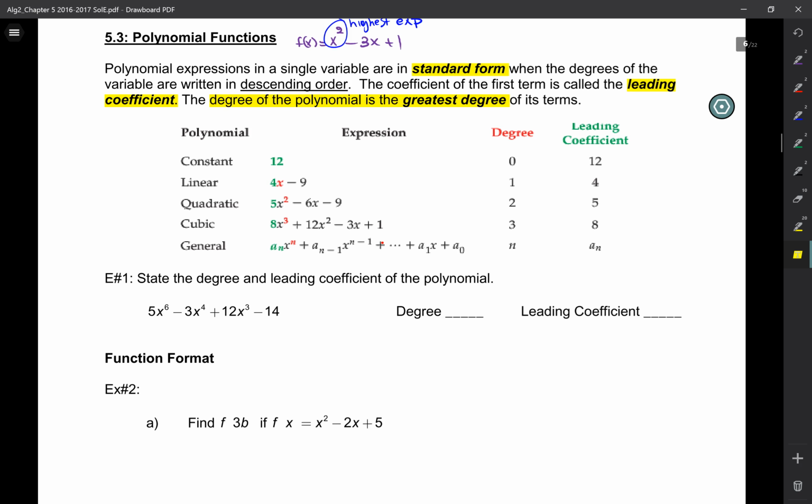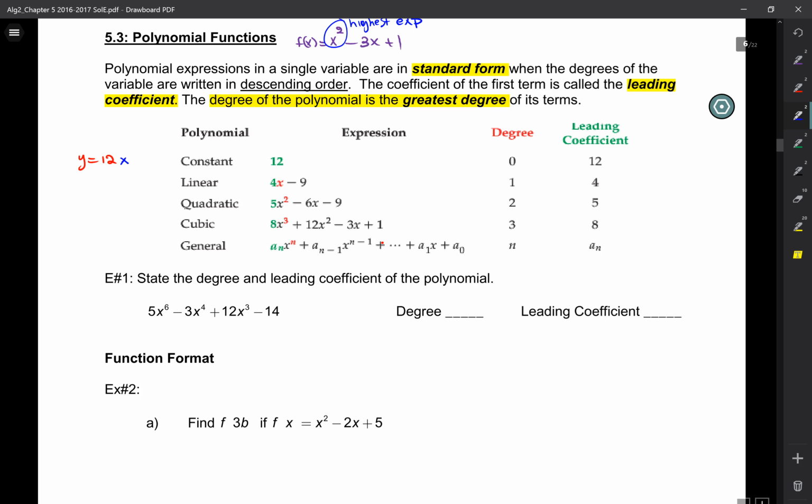All right, so let's talk about some different types of polynomials. When I have a function that looks like this, let's say y is equal to 12, where is the variable here? It looks like there is no variable, but was there a variable at some point?